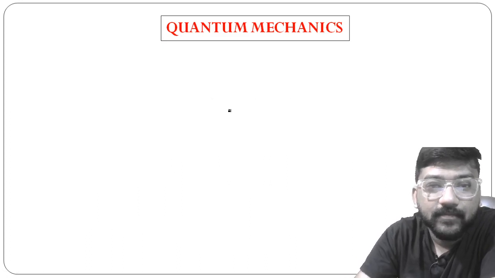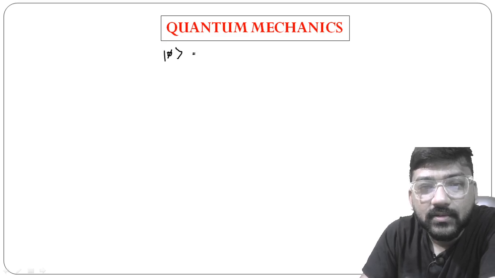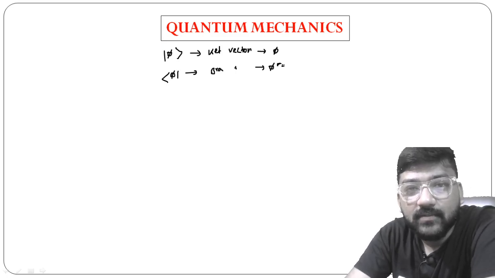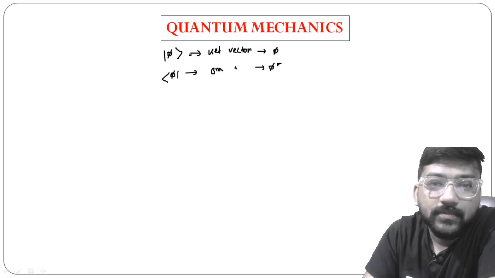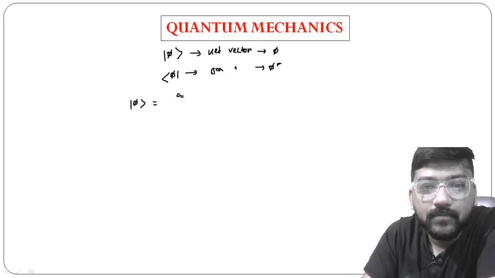We discussed earlier that this phi ket is the state vector, known as the ket vector, and the bra vector is the complex conjugate of this, something like phi star. If you want to represent this ket vector phi in matrix form, then phi can be written as a column, something like a1, b1, c1.